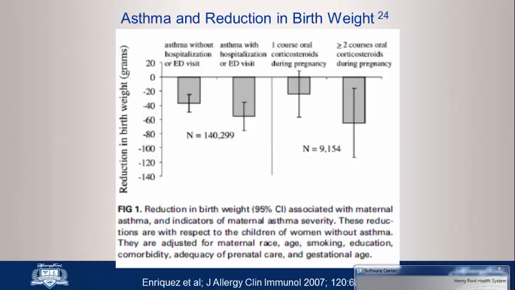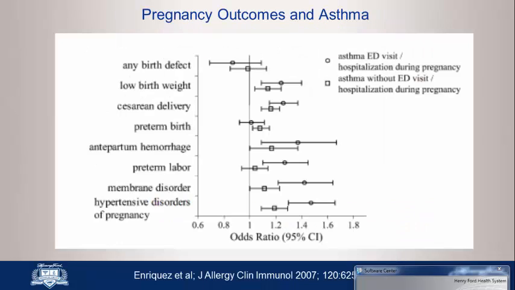To have asthma to begin with means that the birth weight will be lower. If this patient goes to the ED or gets hospitalized, that's going to be even worse, as you can see. And those who get more than two courses of steroids will have a significantly higher drop in birth weight compared to those who get one course or never.